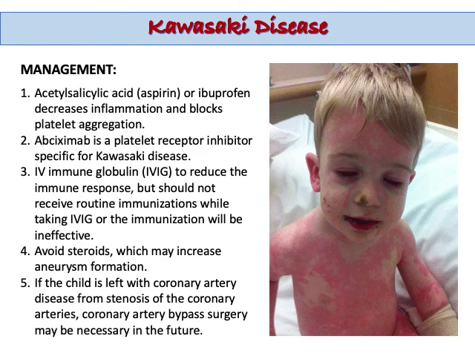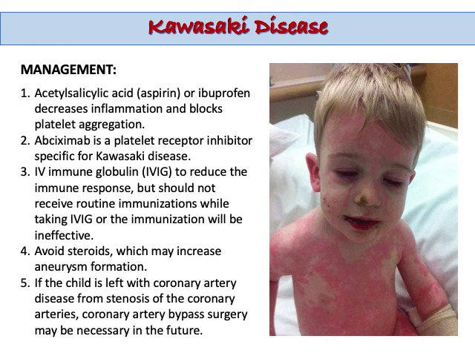Fourth, avoid steroids as anti-inflammatory drugs. Steroids increase aneurysm formation. Fifth, if the child is left with coronary artery disease, in some cases there is stenosis of the coronary artery, and a coronary artery bypass surgery may be necessary in the future.